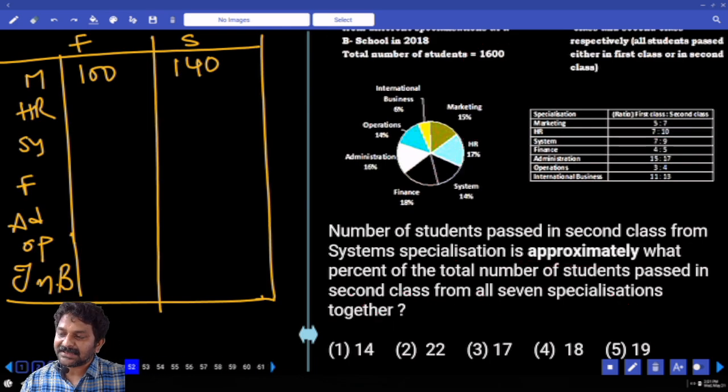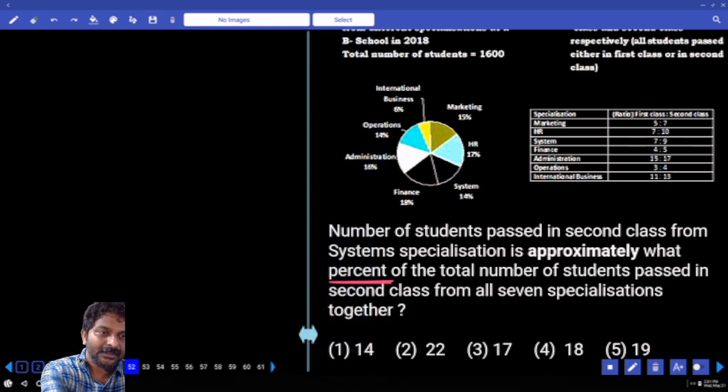Number of students passed in second class from systems specialization is approximately what percent of the total number of students passed in second class from all 7 specializations together? If I need to answer this question, I won't do it now in the exam, because the question is about percentage, right?